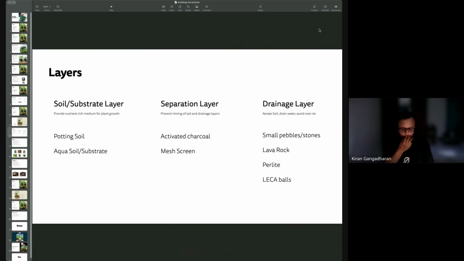I don't know if you can look up, and we can look it up at the end also. This is your go-to soil layer for aquariums, but this also equally works well for terrariums. So that's the first thing, understanding the layers that you would need.